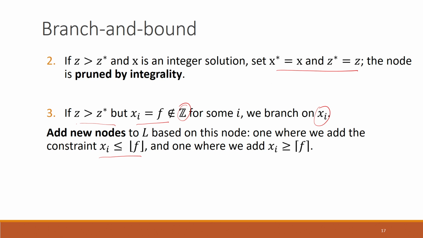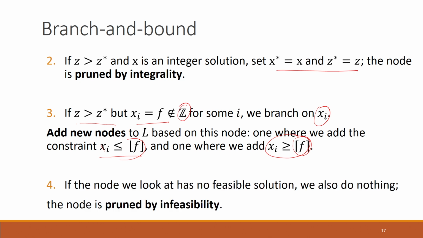For example, there we had 1.5, the floor value of 1.5 was 1, so we had the constraint y less than or equal to 1, and similarly we had y greater than or equal to 2, which uses the ceiling function of the f value. And if we encounter the situation that there is no feasible solution, then we do not do anything. The node is pruned by infeasibility.